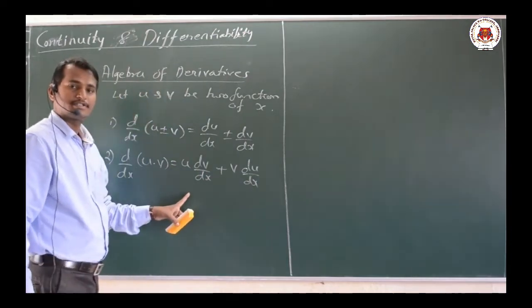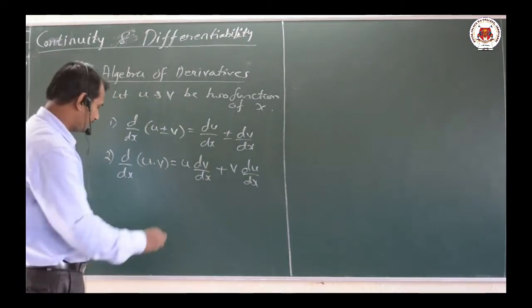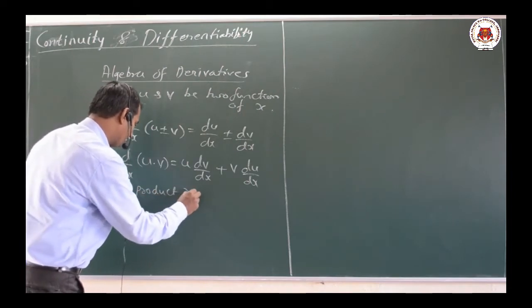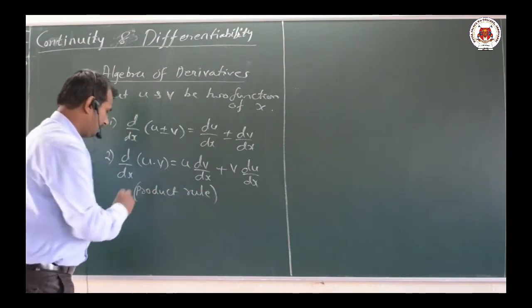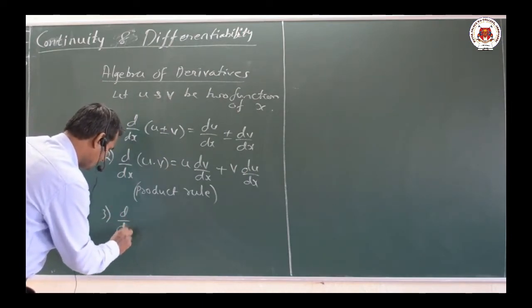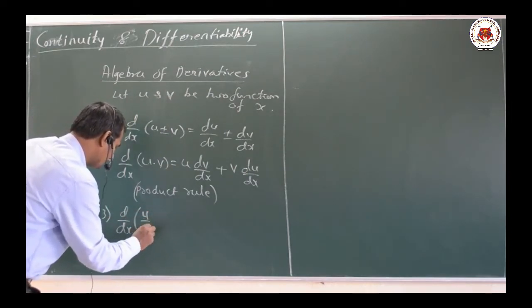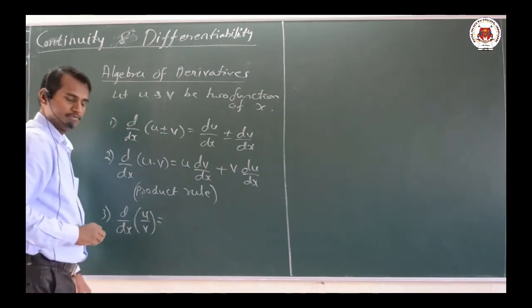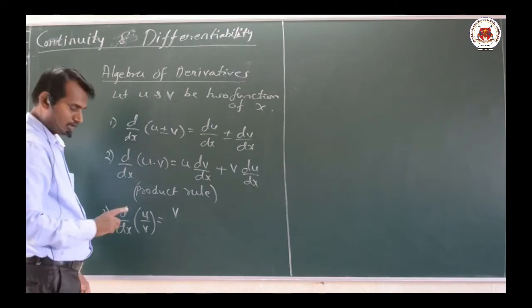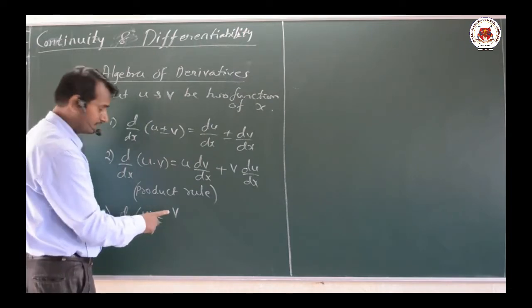This we call the product rule or Leibniz rule. Then, at last, very important, d by dx of u by v, that is the quotient rule. First of all, the v term, always the denominator term, I have to keep as it is.